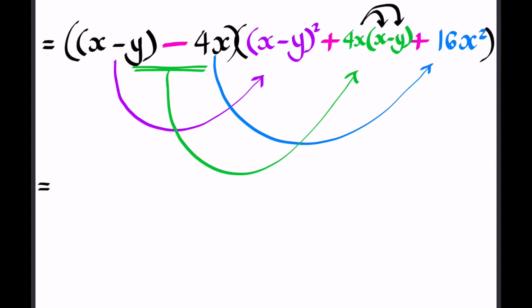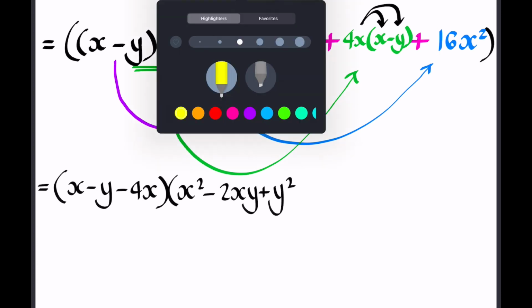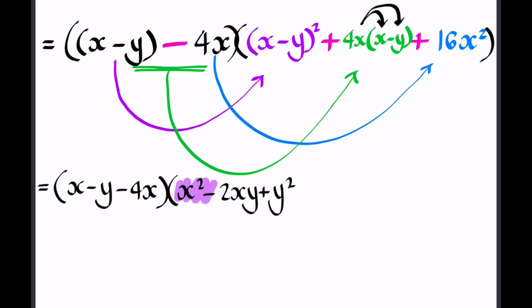So when I clean everything up, my first bracket will become x minus y minus 4x. Then my second bracket, I have x minus y all squared, which is x squared. When I FOIL it out, x squared minus 2xy plus y squared. So I'll just color code that for you.